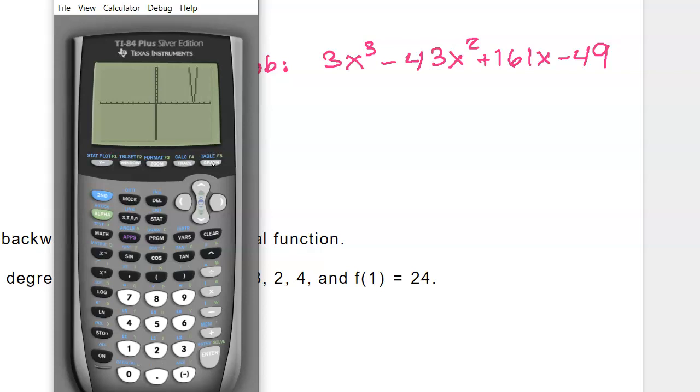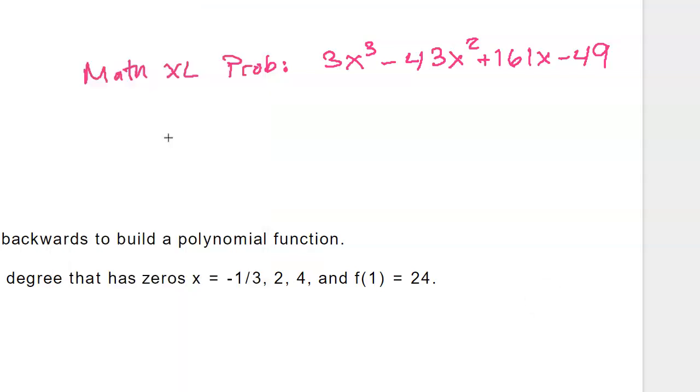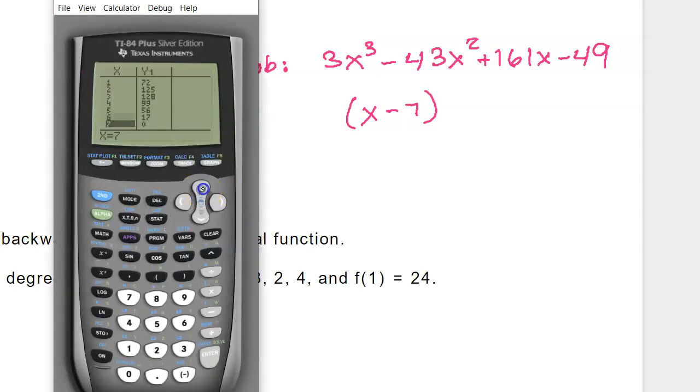Okay, so looking at our table, we do have a whole number real root at 7. So I already know I can write down that I have a root or a factor of x minus 7. But the other intersection, is it listed on our table?